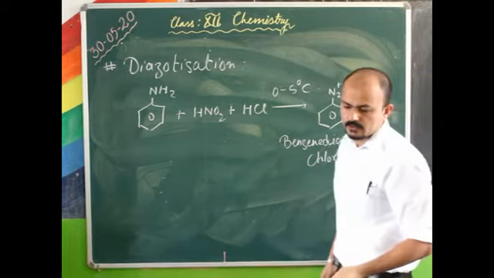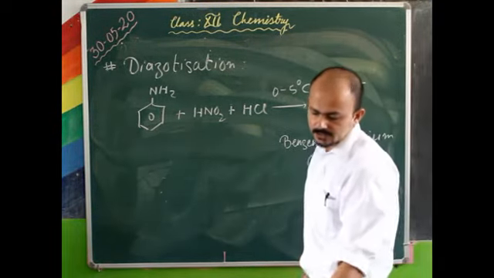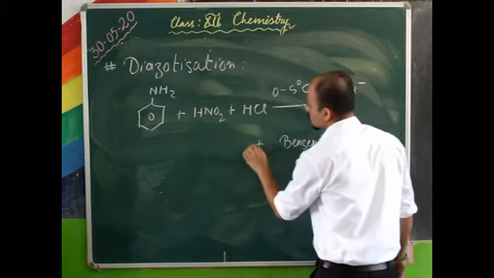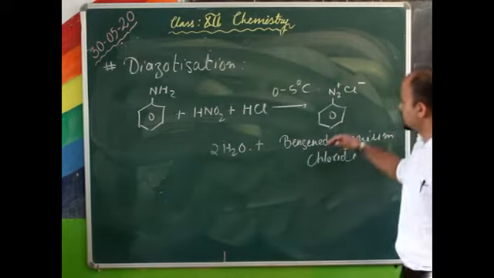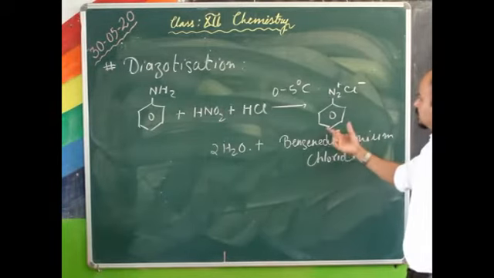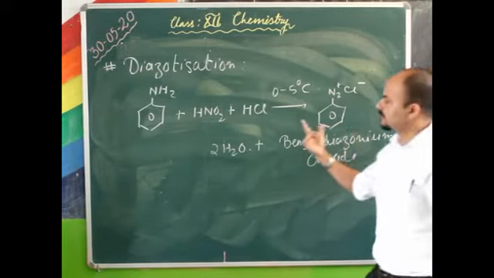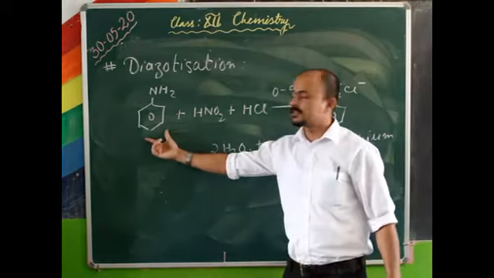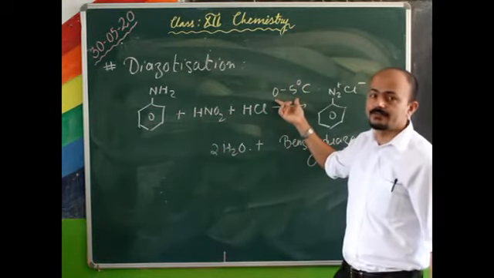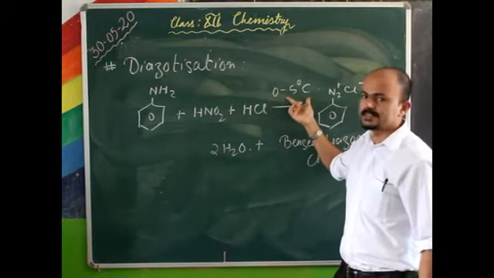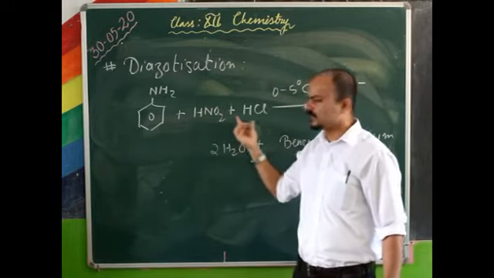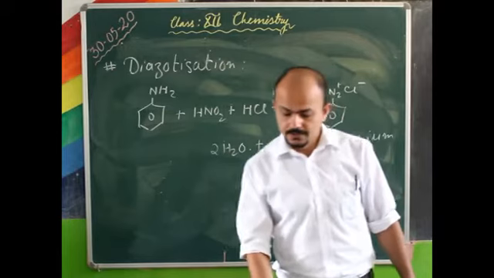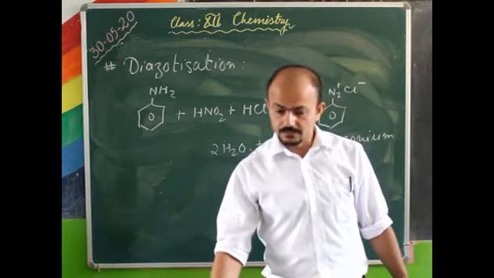And the byproduct that you obtain is 2 molecules of water. So this benzene diazonium chloride, we can get it from aniline at very low temperature. Please look at it, 0 to 5 degrees centigrade, whenever you treat aniline with HNO2 and HCl.